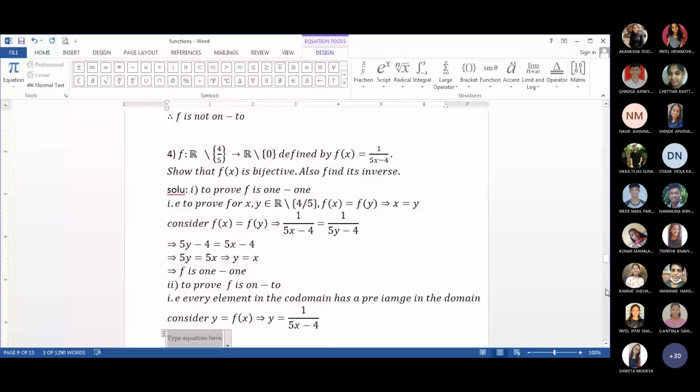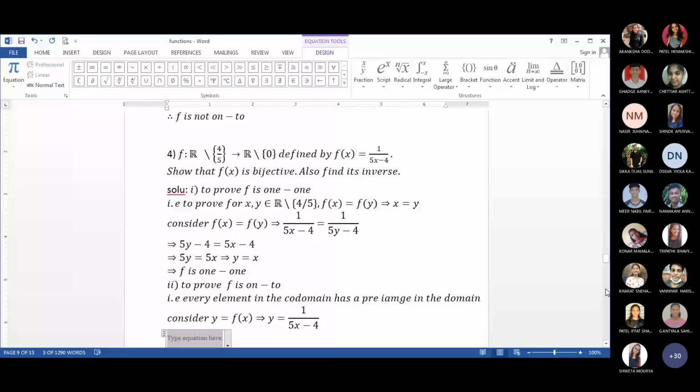So yesterday also we had seen, for onto, we have to get an expression for x in terms of y. After that we check whether, for every y belonging to the codomain, the value of x belongs to the domain or not.